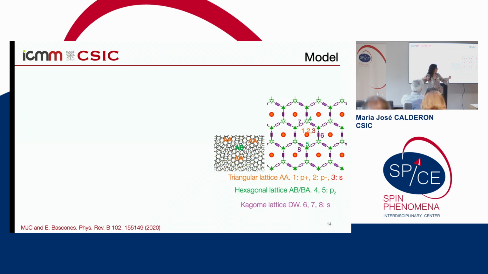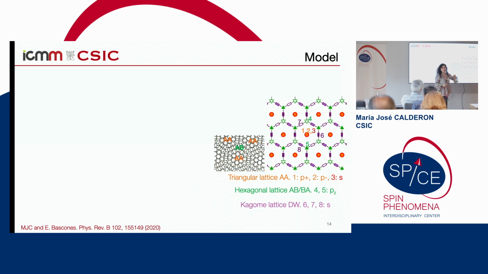They cover many carbon atoms, okay? And these are the 8 orbitals. We have 3 orbitals in the triangular lattice. 2 of them have p symmetry, and 1 has s symmetry. Then we have the hexagonal lattice. We have 2 orbitals there, also with p symmetry. And then we have the Kagome lattice.